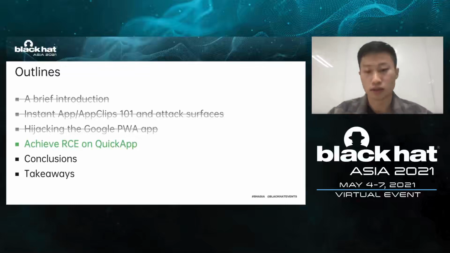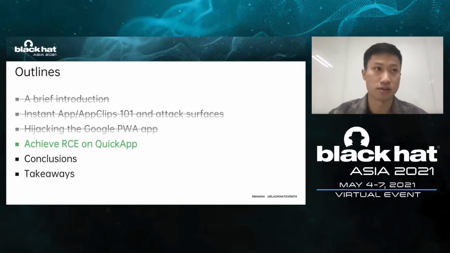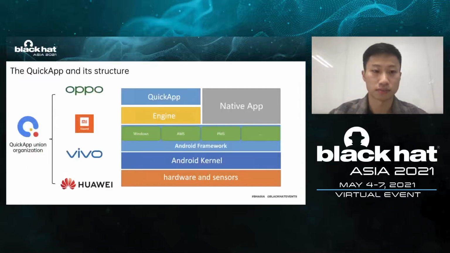Okay, let's go to our 4th part and analyze the QuickApp and achieve RCE on it. The QuickApp is founded by the QuickApp Union Organization. Oppo, Vivo, Xiaomi, Huawei, all are included in this organization.